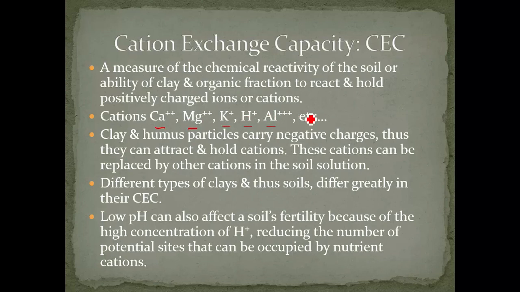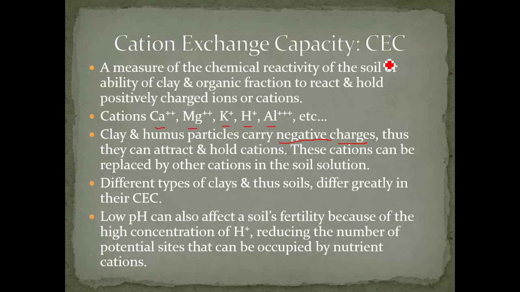There are others. These all have positive charges, as you'll see. And so for the soil to be effective in holding these things, you need clay and organic particles that carry negative charges. And that's what clay particles do. They generally have negative charges. So they attract and hold these cations. And these cations can be replaced and exchanged.